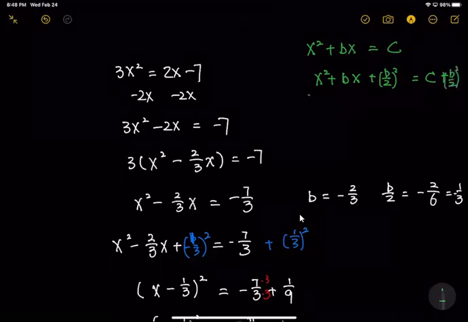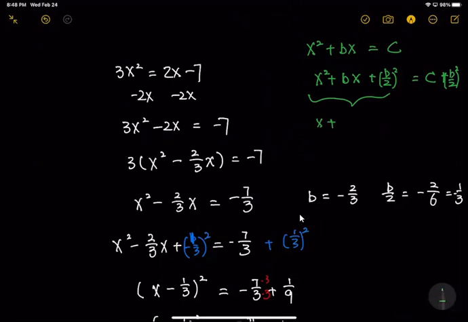And then the first 3 terms can form (x + b/2) squared equals whatever is on the right side of the equation. During this process, you want to be careful about the sign of b because that would change the solution.